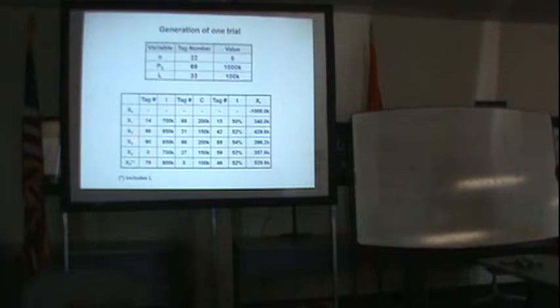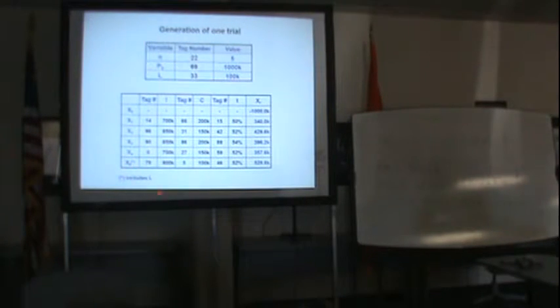Then to get X2, also tag values 98, 31, and 42 for I, C, and T respectively, and you get 850,000, 150,000, and 52%, and then you calculate the cash flow equal to 402.6K, 429,600, and you continue with X3, X4, and X5.